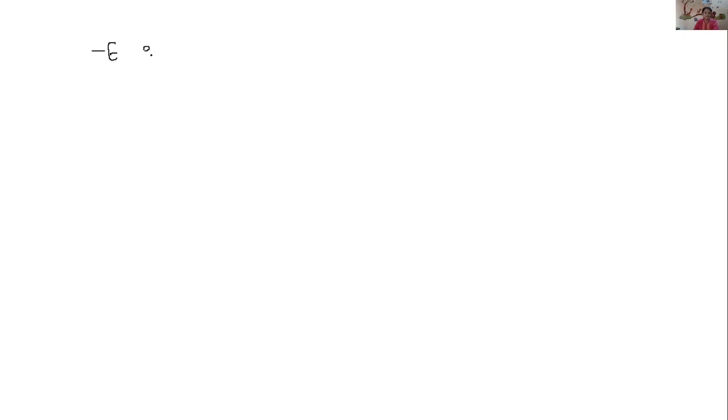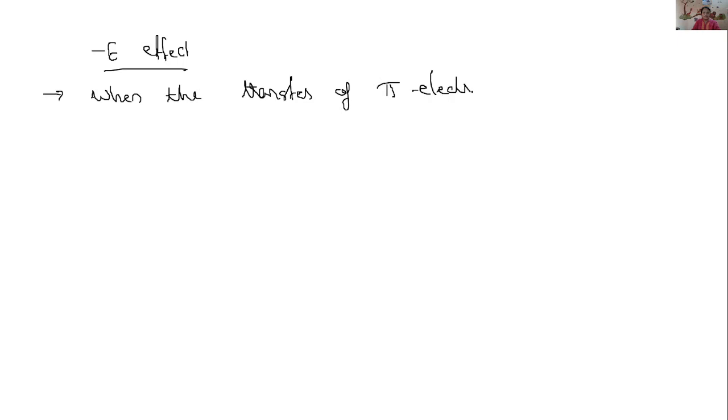Minus E. What is meant by minus E effect? Minus E effect means when the transfer of pi electrons occurs away from the attacking reagent.